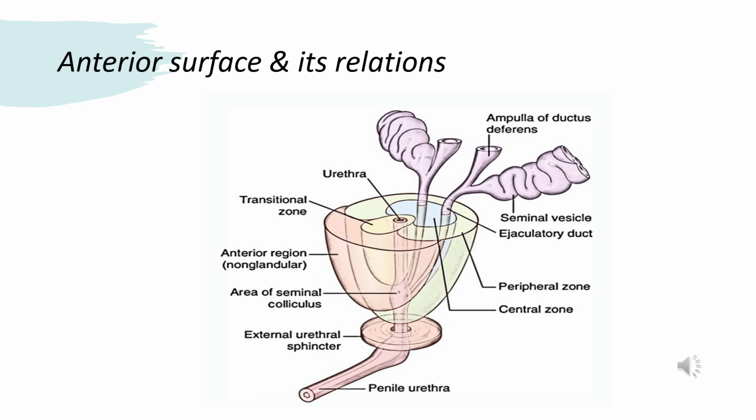The retropubic space is also called the space of Retzius, which is filled with extraperitoneal fat. The upper part of the anterior surface of the prostate is attached to the symphysis pubis by the puboprostatic ligaments.